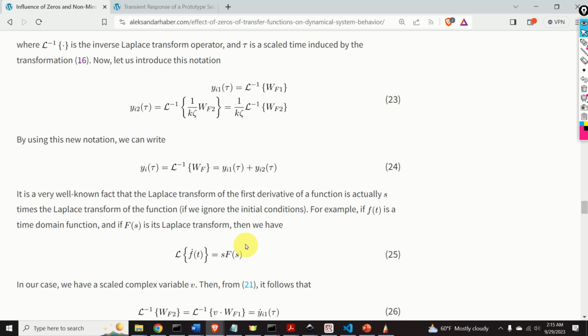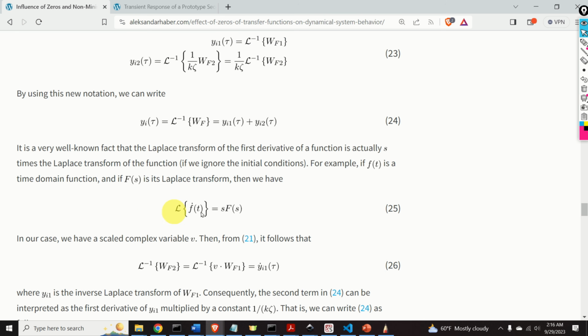Next, it's a very well-known fact that the Laplace transform of the first derivative of a function is s times the Laplace transform of that function in the complex domain, of course, if we ignore the initial conditions. For example, if f of t is a time domain function, and if f of s is its Laplace transform, then we have the following.